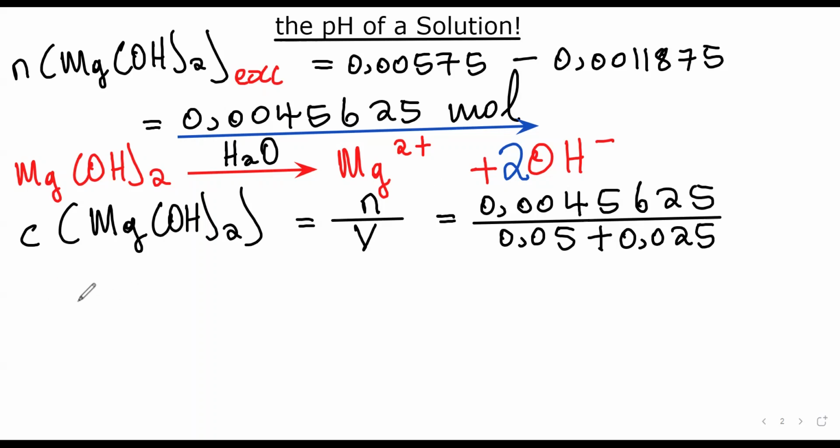Now, when you press this into your calculator, well, you simply find that the concentration of the magnesium hydroxide will be 0.060833. Well, it's so many threes, they are recurring.